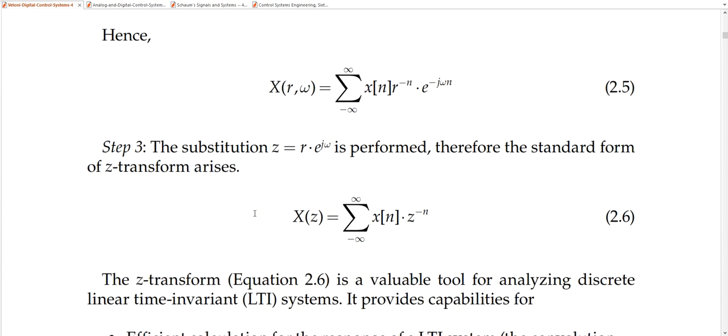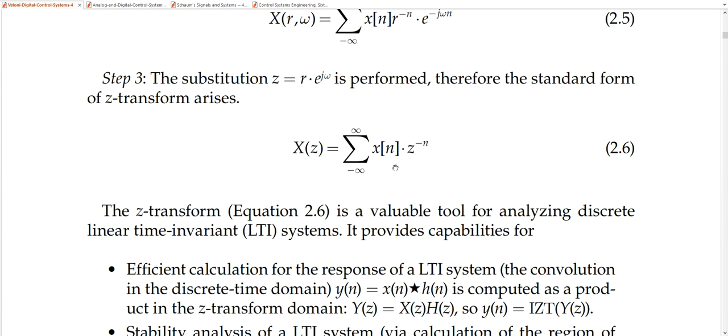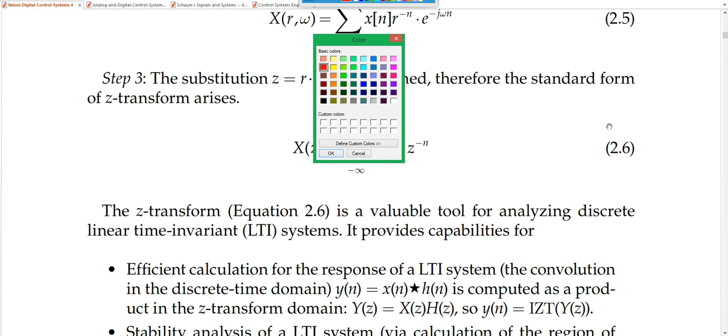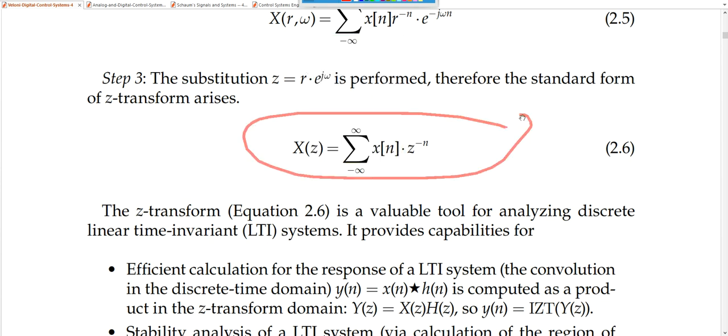Then we substitute the value of z as r times e to the j omega. So we have this formula: X(z) is equal to the summation of xn times z to the negative n from negative infinity to positive infinity. Now this becomes the z transform formula.